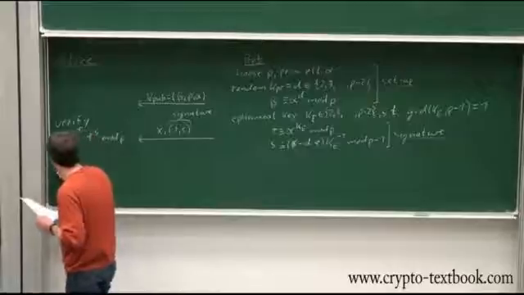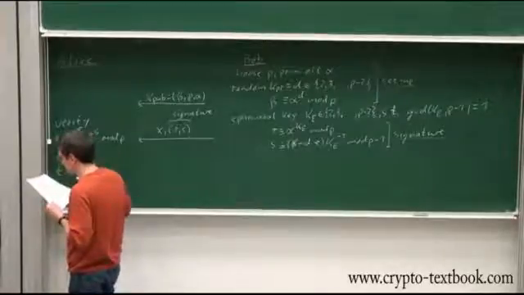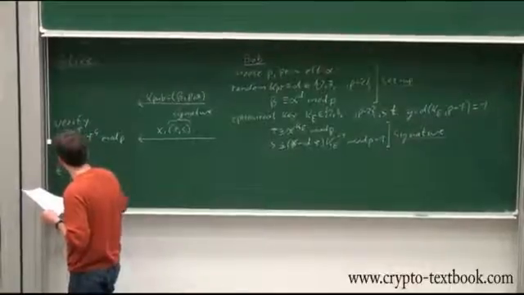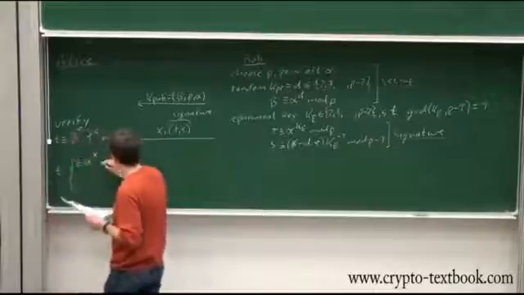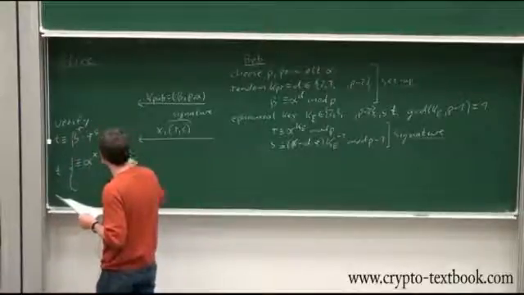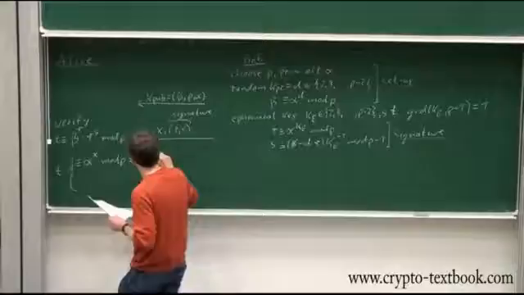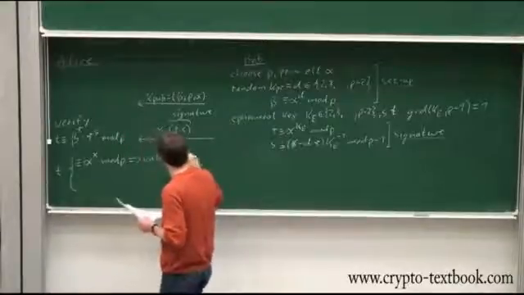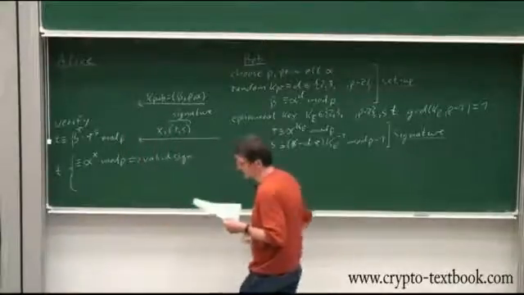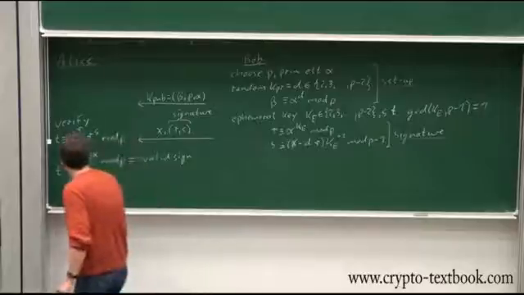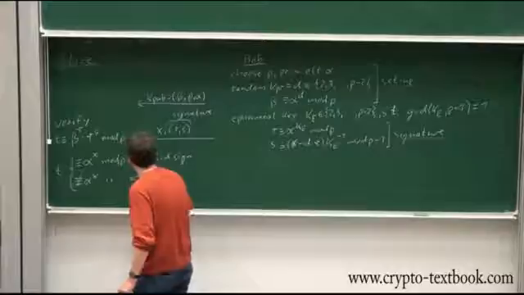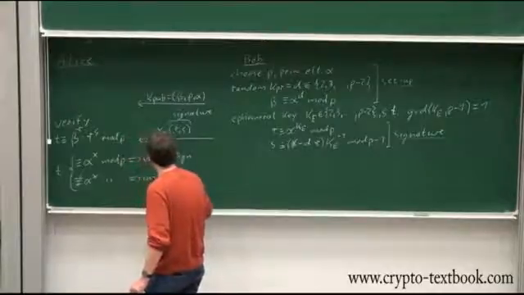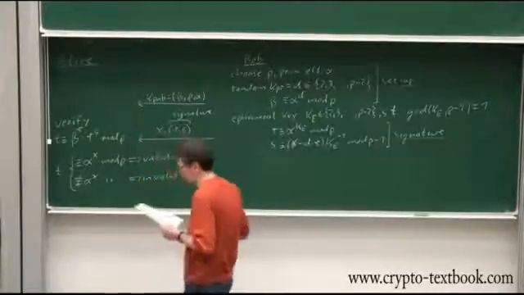And now she has to check whether this t is equivalent to alpha to the x mod p. If that's the case, we have a valid signature. If this is not congruent to alpha to the x, it's an invalid signature.